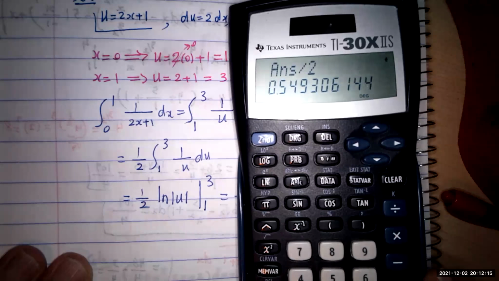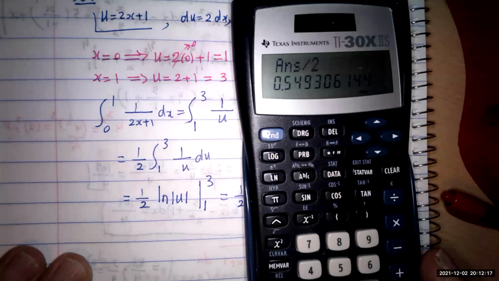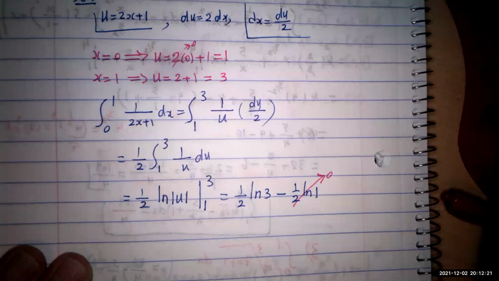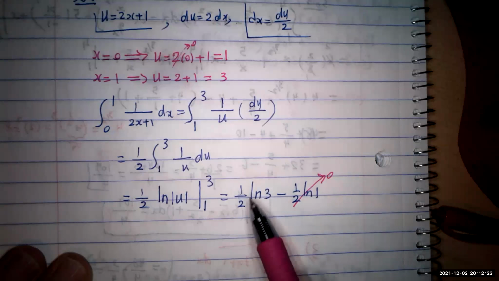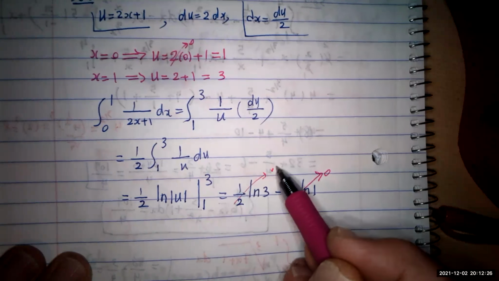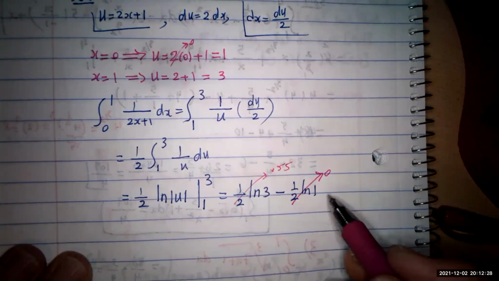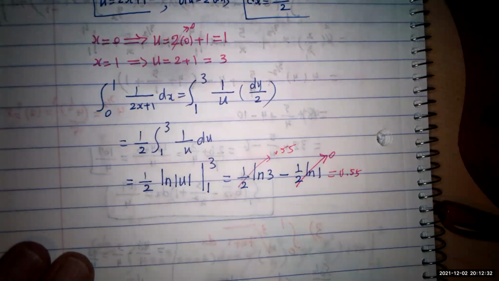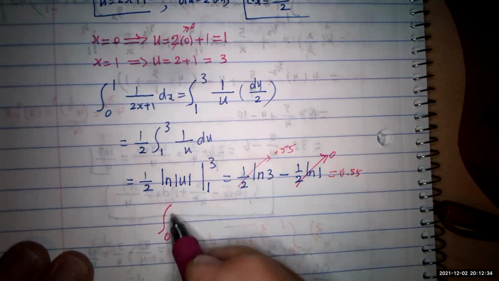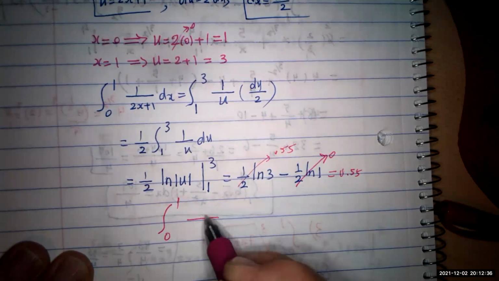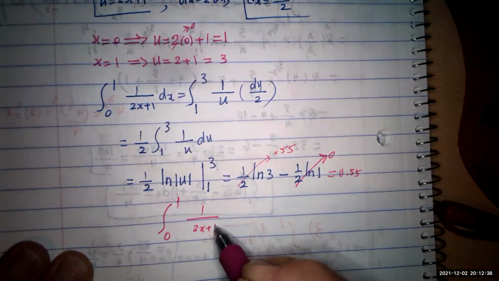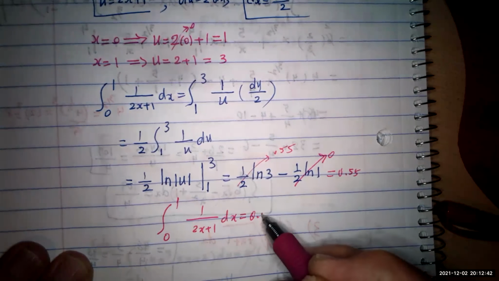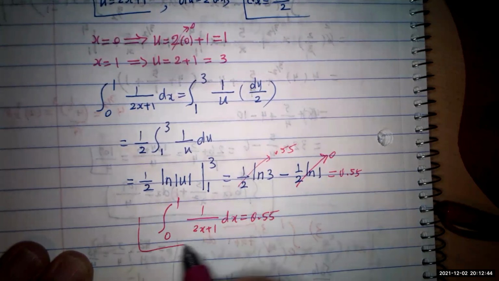So that gives you 0.55. Okay. So with the calculator, that's going to be 0.55. So the result is going to be 0.55. So the integral from 0 to 1, 1 over 2x plus 1 dx is equal to 0.55, and then we are done.